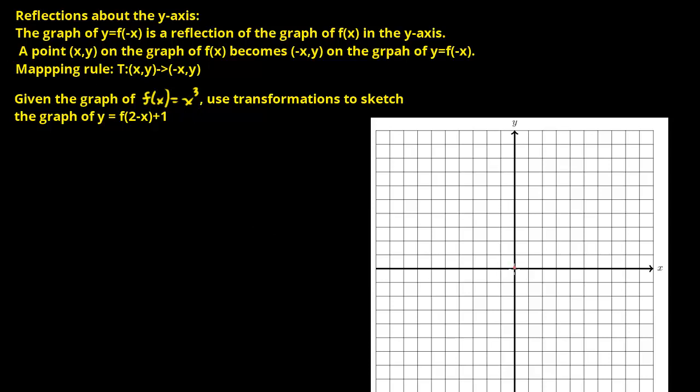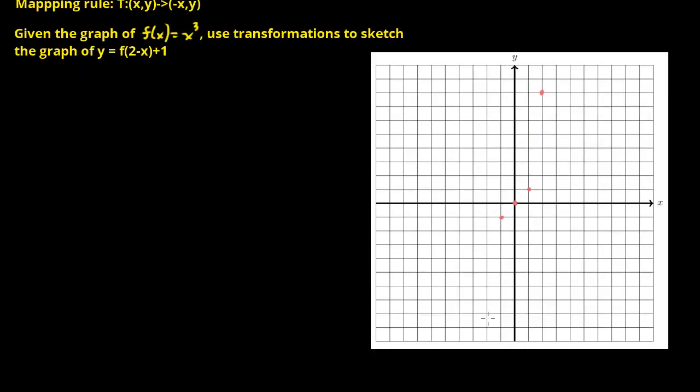This graph has points 0, 0, 1, 1, and 2, 8, which is right here. Let's see, 1, 2, 3, 4, 5, 6, 7, 8. And it has points negative 1, minus 1, and minus 2, negative 8, which is right here. So let's sketch a smooth curve through these points.